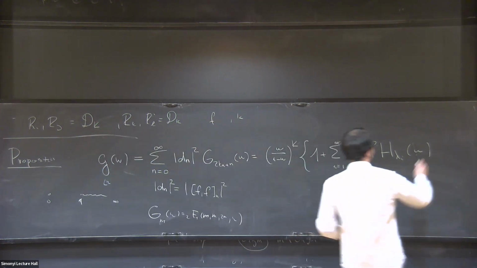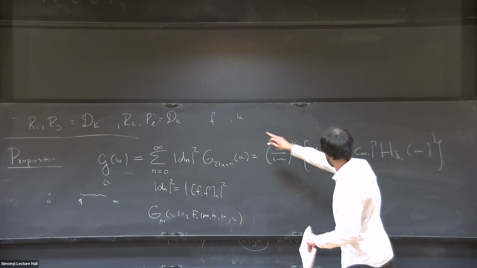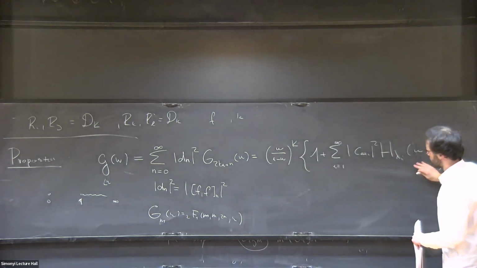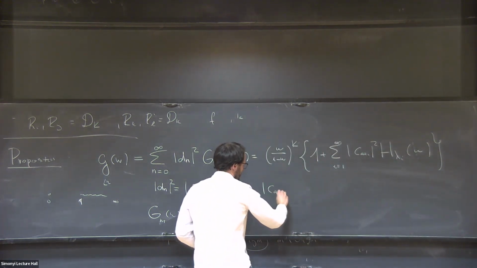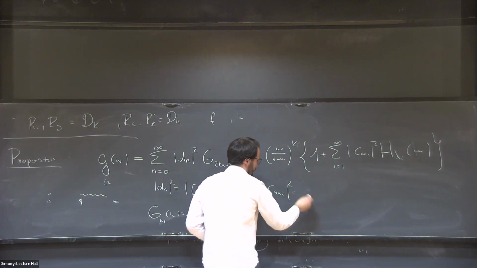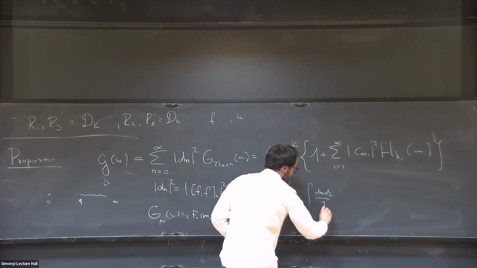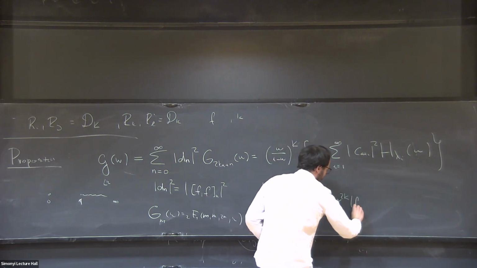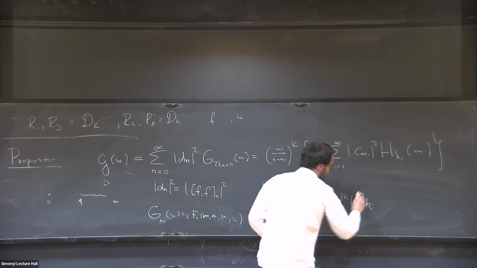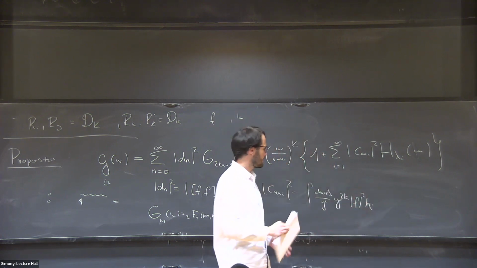And here on the right, it's just this weight, and here's a sum over the Maass spectrum. CAI is this overlap integral between the modular form, its conjugate, and the ith Maass eigenfunction.